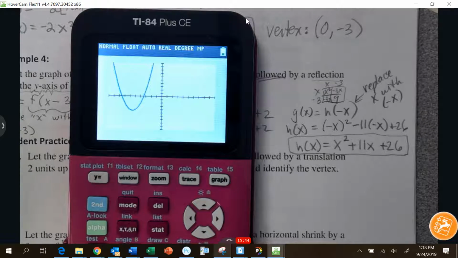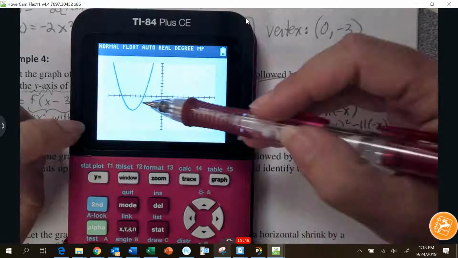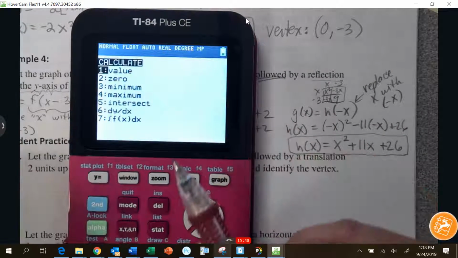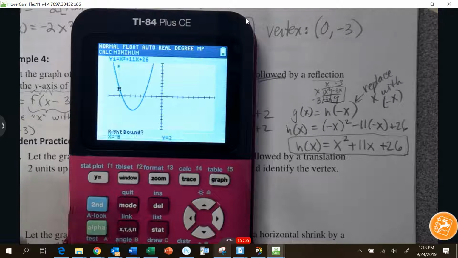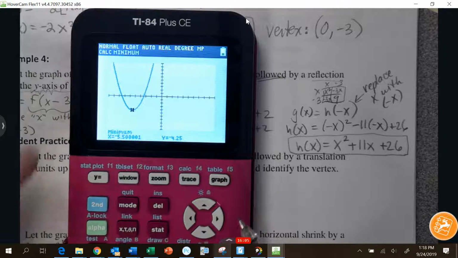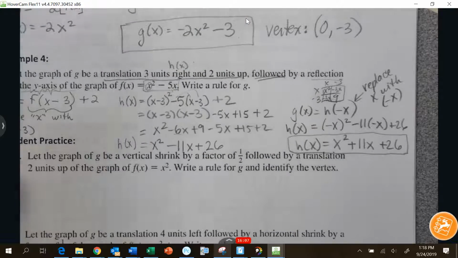So you're not even going to find that. Oh, actually, the vertex is probably not awful. By the way, we do have ways of finding all this with the calculator, which I haven't gone over yet. Yeah, the vertex is at negative 5.5, negative 4.25. So you wouldn't have gotten that on your own.